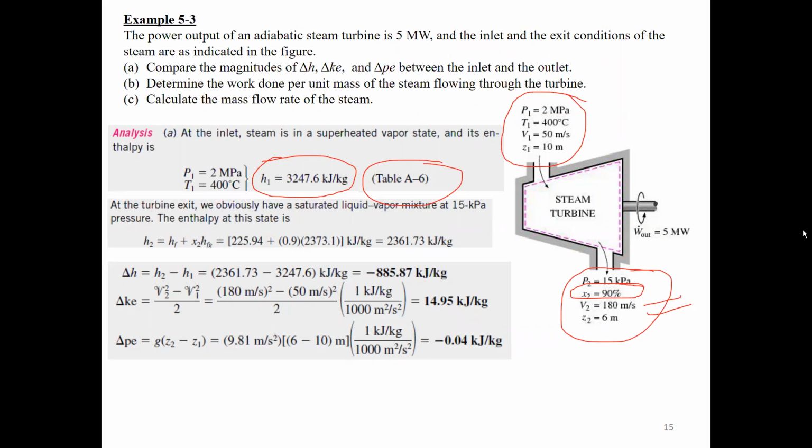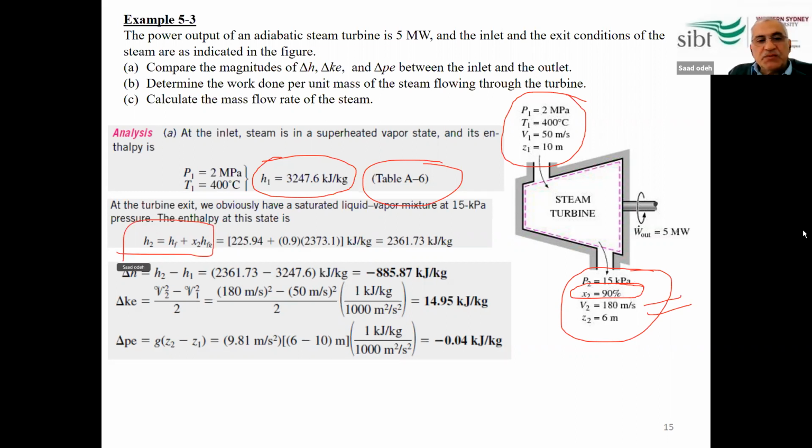Bakhtiar? Yeah. Okay. So once you see that there is an X at the exit, you know that this is a two-phase fluid, then you have to apply this equation. This equation requires the table, you need to go to table A4 or A5.